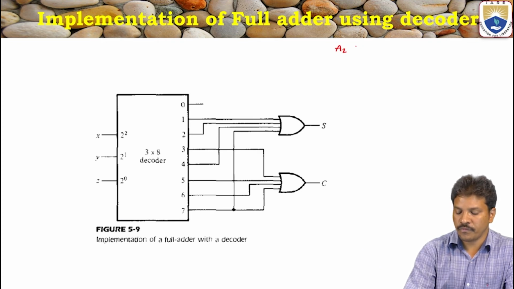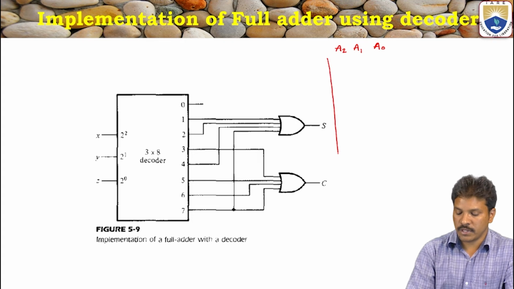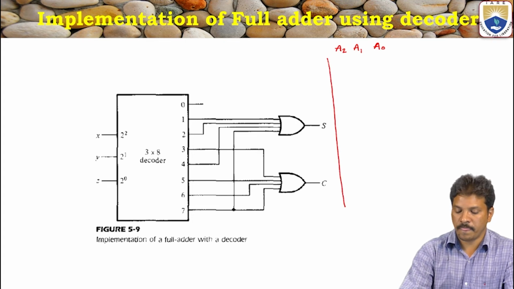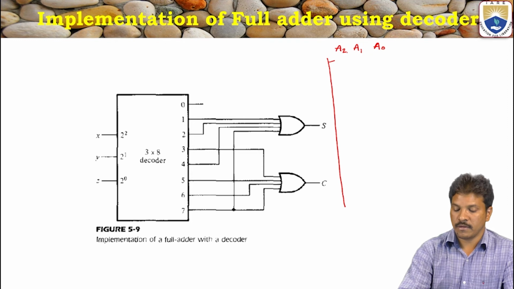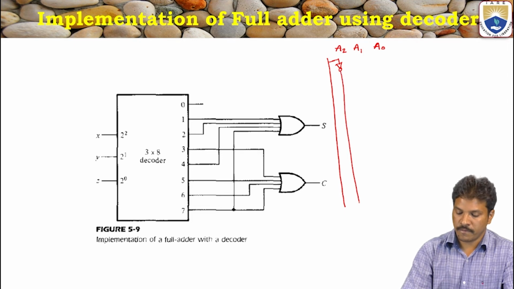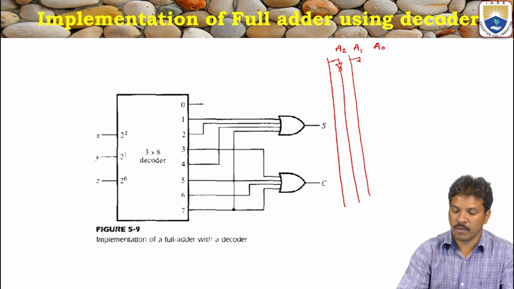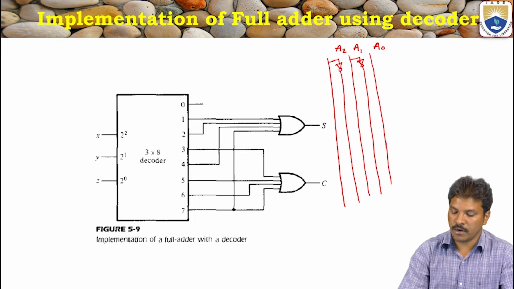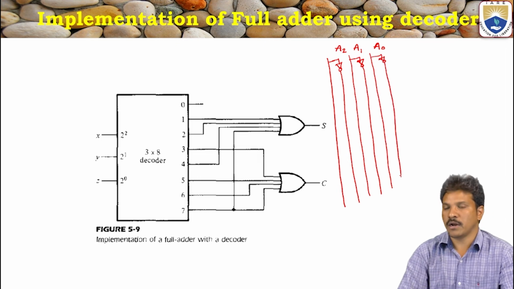Let us consider this diagram. The inputs are A2, A1, A0. This is the diagram, with A2 bar, A1 bar, A0 bar.